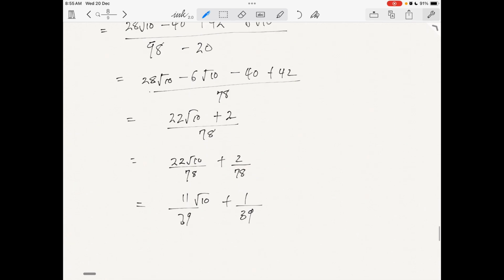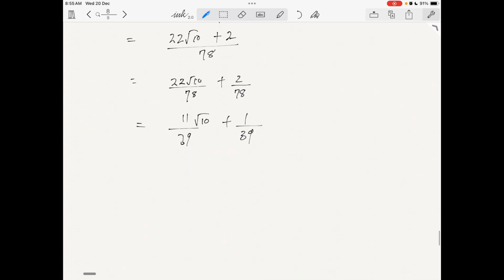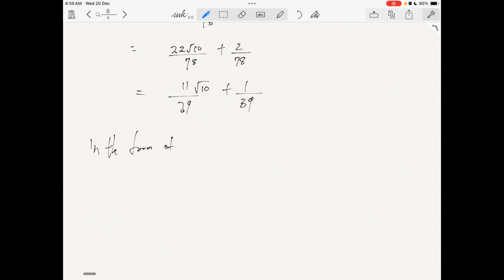If we go back to the question, we have to leave it in the form of P plus Q root R.